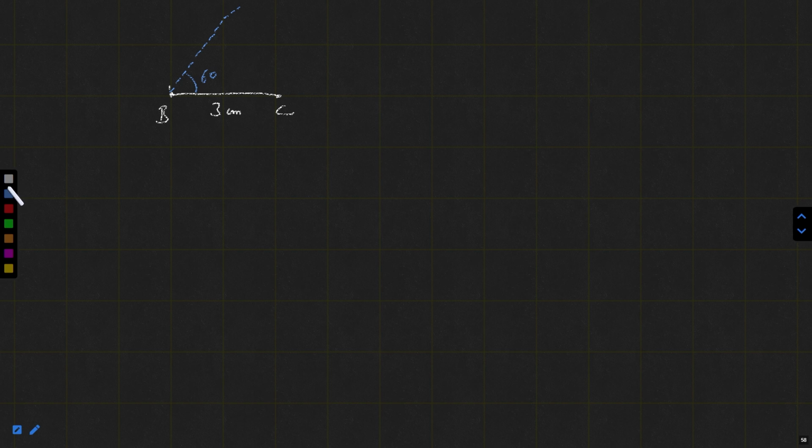Or let me show you how we constructed the 60 degree angle. As BC is the base of our triangle, use a compass, take B as the center and make an arc of length more than half of BC. Suppose this is our arc.